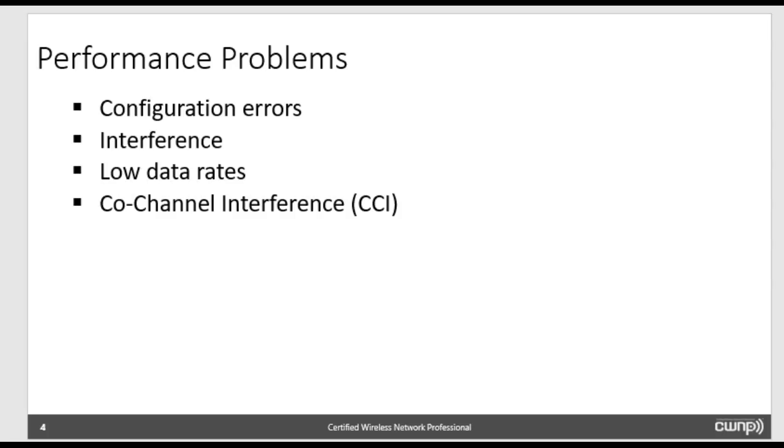And of course, the first of them is configuration errors. So configuration errors, low data rates, and even interference are ones that are common in a number of different areas. But co-channel interference, or interference as a whole, needs to be investigated.